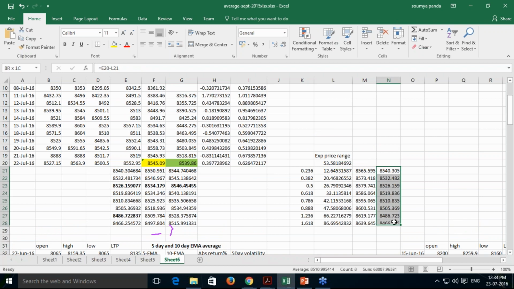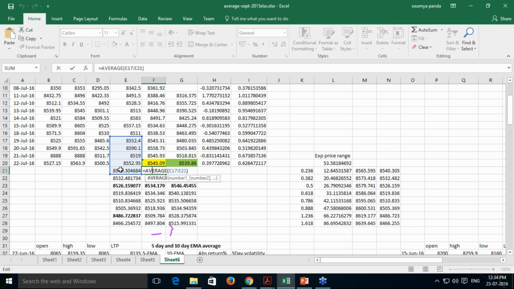After getting these uptrend and downtrend price points, I am taking all these downtrend price points and recalculating the moving average with respect to these calculated points derived from the Fibonacci. After those calculations and changes, I am finding out when 8526 will come, that time the trend will change. So that is what I am finding.